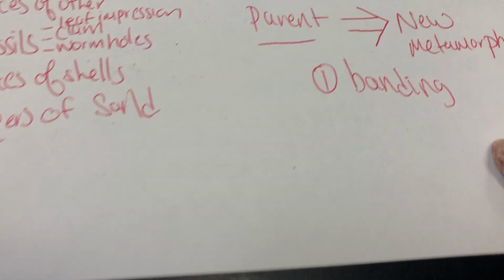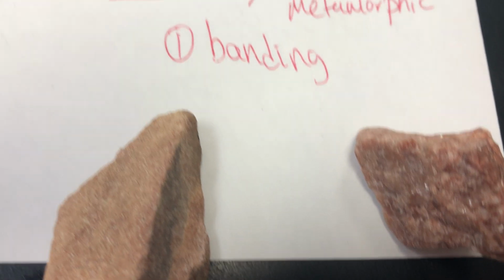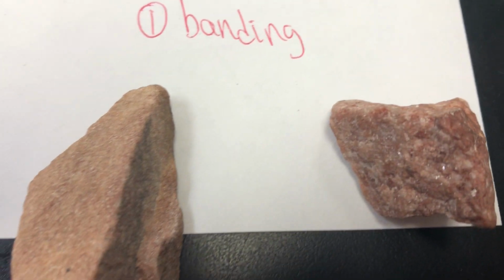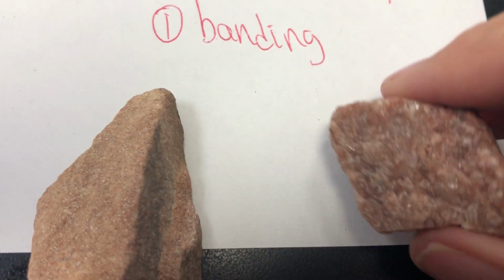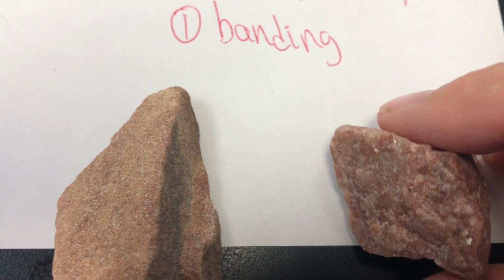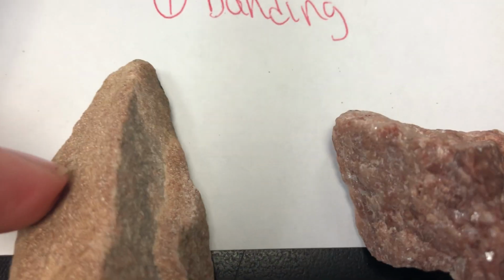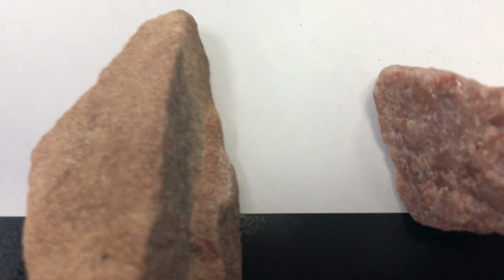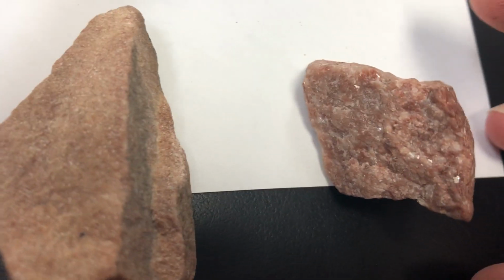This is a metamorphic rock. That used to be that. So it went from a sedimentary sandstone to a metamorphic quartzite. And you could see the difference. It's almost like those have a line.